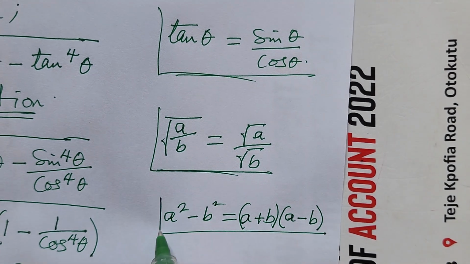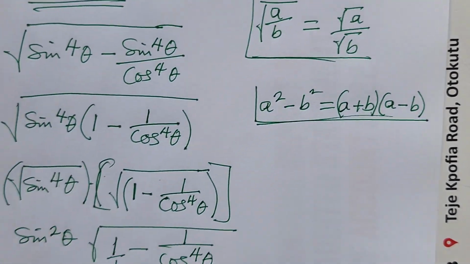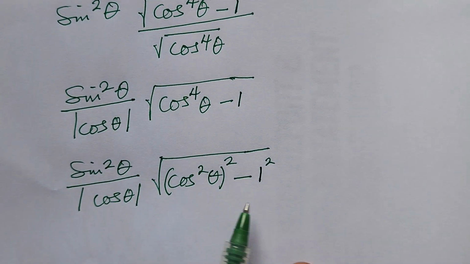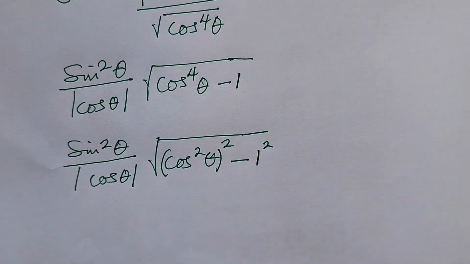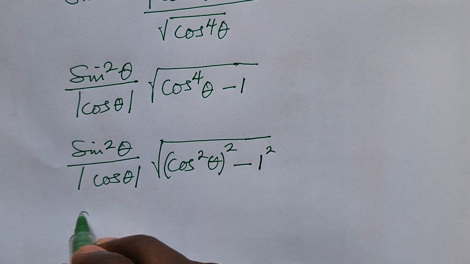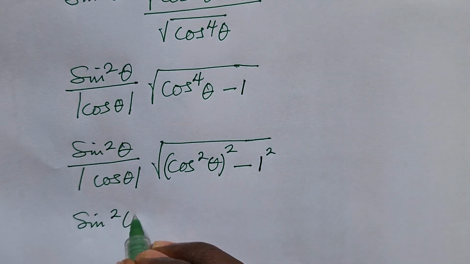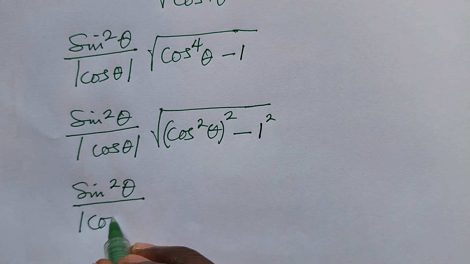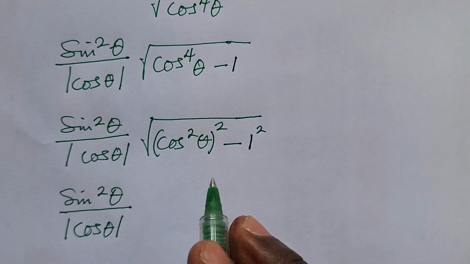You remember this? This is called difference of 2 squares. So we can apply that here also. So let's apply it and see what this gives us in turn. So we're going to have this to be sine squared theta all over the absolute value of cos theta, right?